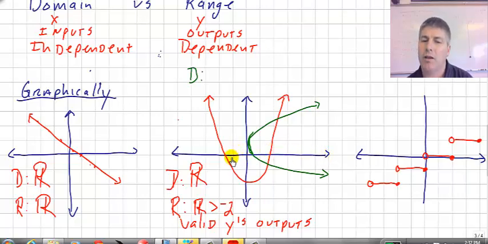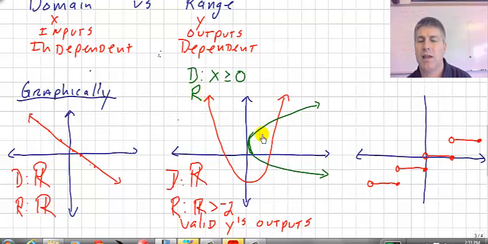Now, can I put in -1 or -2 or even -1/2 for this green sideways opening parabola? I can't, because I'll never hit my graph here. So my domain, my valid inputs for this particular green sideways opening parabola is all the real numbers greater than 0. So my domain, my x's, have to be greater than or equal to 0. Those are the valid inputs.